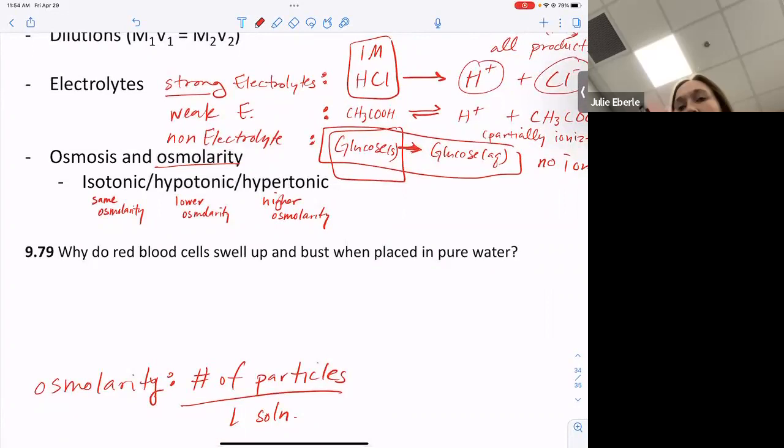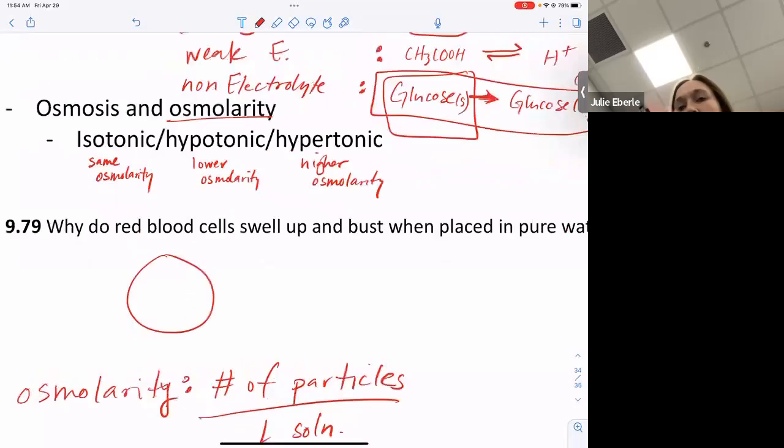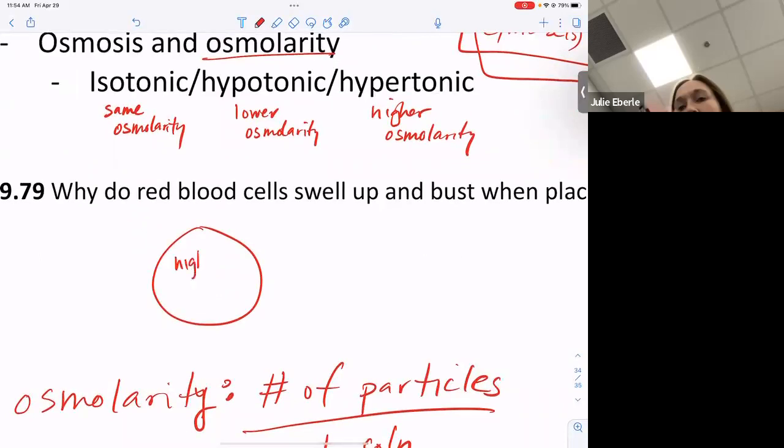If we took them and placed them in pure water, the question here is, why do red blood cells swell up and bust when placed in pure water? Because all of a sudden there's a gradient. Inside that red blood cell, if we draw this, you have a higher osmolarity. This is your RBC here, okay?